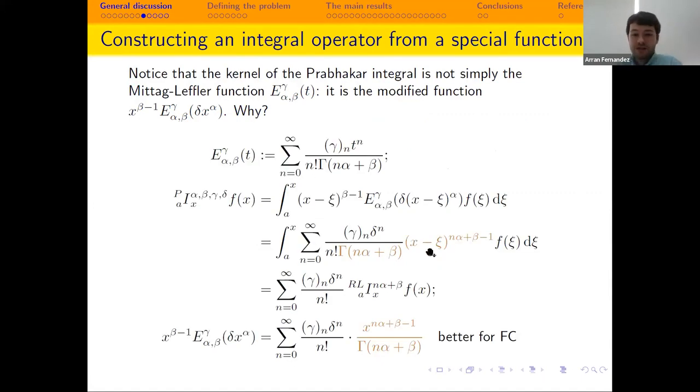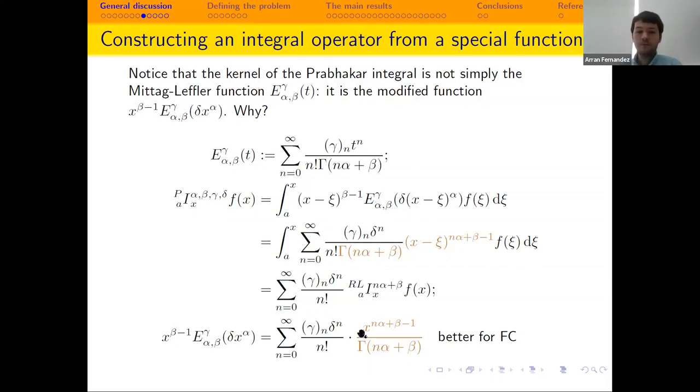Okay, and that's exactly what we have here, an exponent which is 1 less than what's inside the gamma function, and it's not what we had in the original expression. So we start with this Mittag-Leffler function, look at what's in the gamma, n alpha plus beta. We want to have n alpha plus beta minus 1 as an exponent, so we get that by modifying the function.